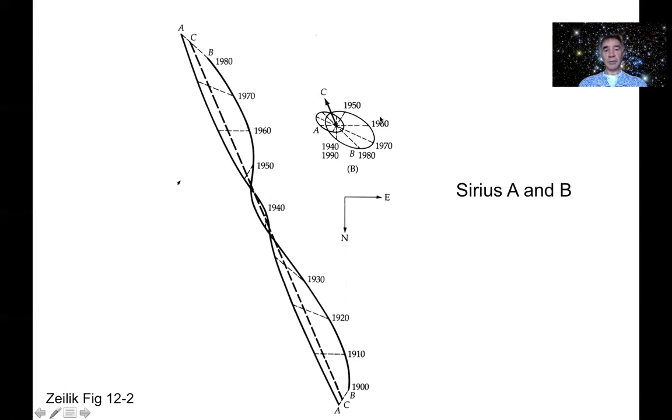And of course, on top of all of that, you've also got the parallax as well. So each year, each of these stars is also wiggling to and fro due to the parallax motion, which is about a quarter of an arc second, I think, something like that.